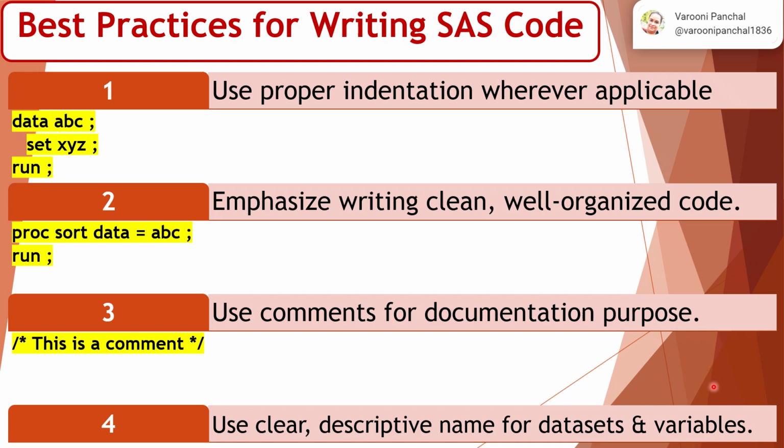The reason I'm telling you is, once you keep a habit of naming data sets and variables as per the CDISC standards, even if the project is not of CDISC standard or not for CDISC submission, if you follow these best practices, believe me, it will become a habit and very easy to remember the CDISC names, terminologies used for the data sets and variables, and the rules and regulations you follow under the CDISC standards. So always use clear and descriptive names.